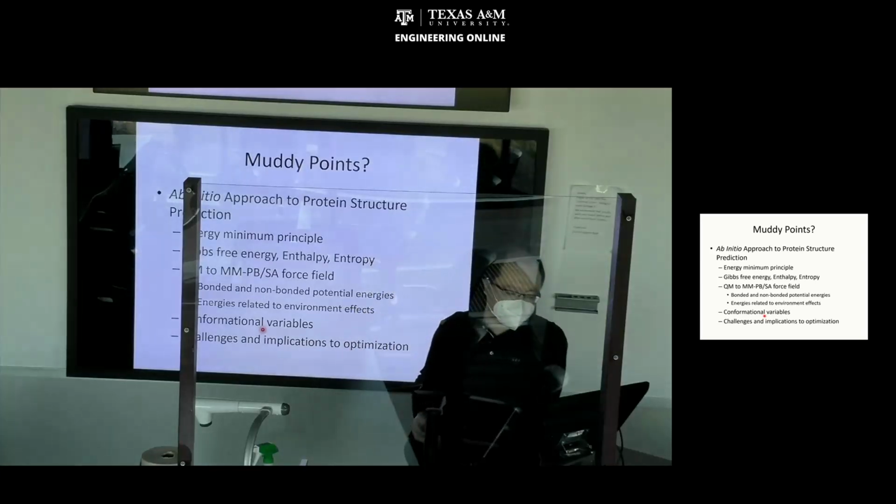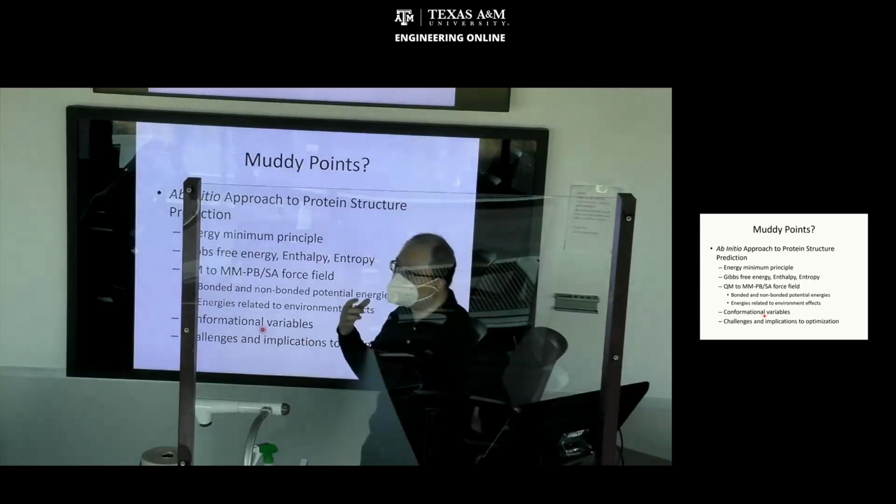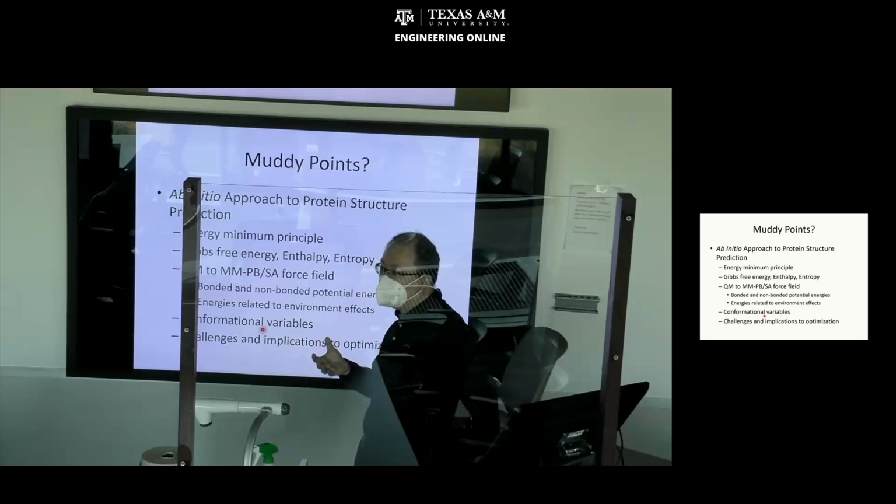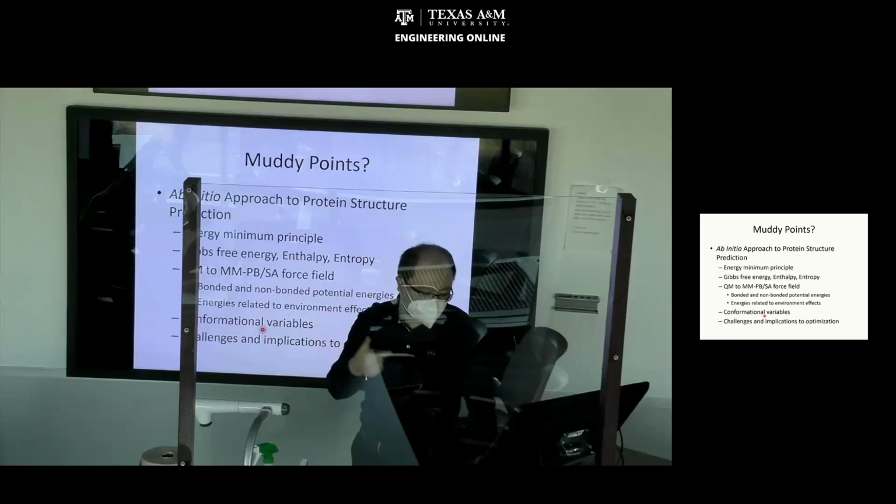And we looked at this problem again from the formulation of optimization. We ask, what's the objective function like? What's the search space like? Is there a need for search algorithms? And then what are the implications from the objective function and the search space in the design of optimization algorithms or search algorithms?